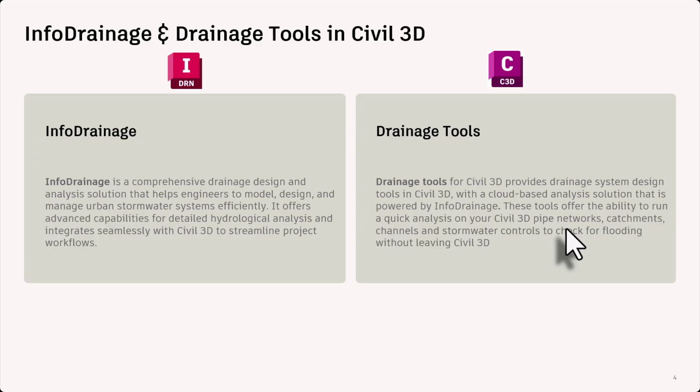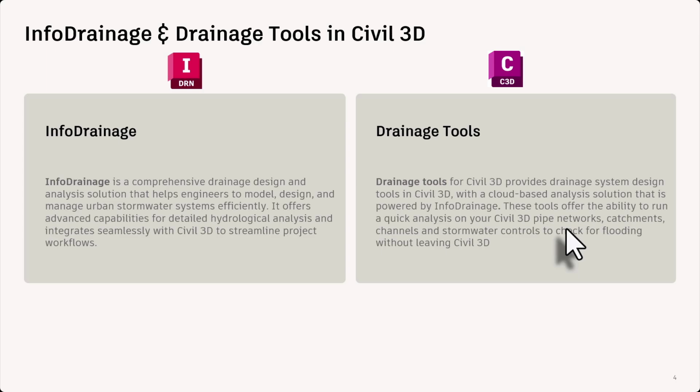InfoDrainage is a full drainage design and analysis software. It is true to site, allowing you to exchange data back and forth between Civil 3D, allowing you to look at things like green infrastructure, sizing your pipes, sizing your ponds, generating your reports, etc. The drainage tools in Civil 3D allow you to analyze and design your drainage system, and allow you to run a cloud-based engine from InfoDrainage.